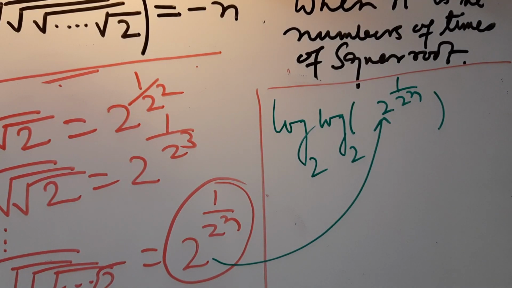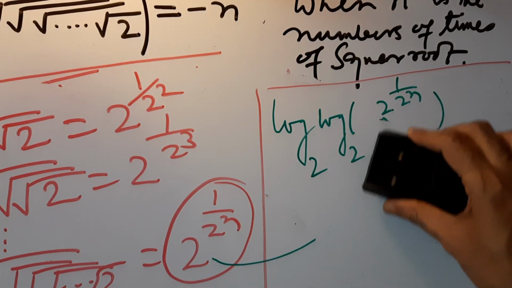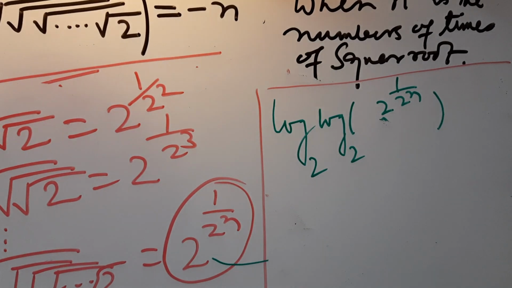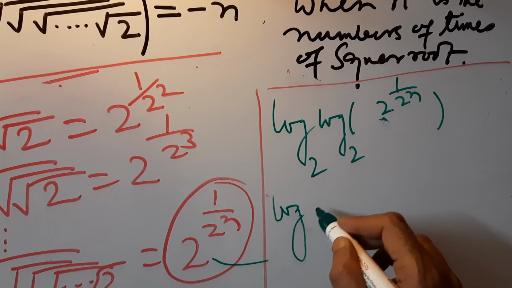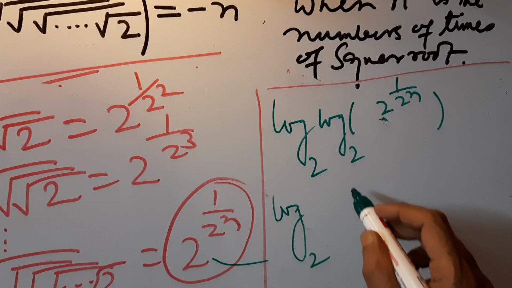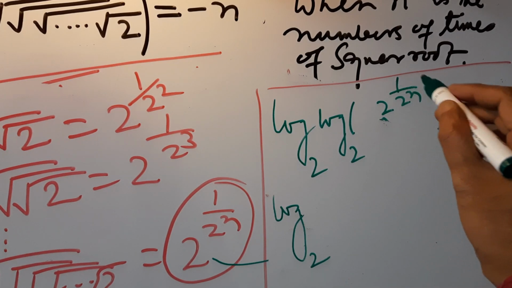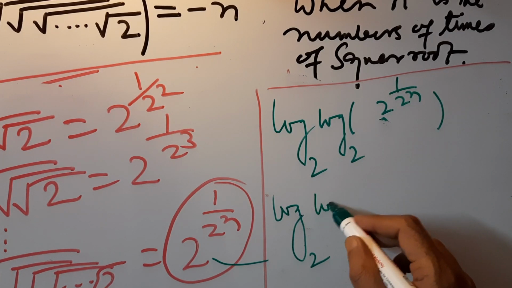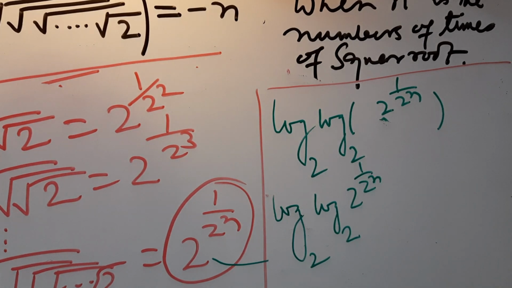If we apply the formula of logarithms, the first logarithm part will be log base 2 of 2 to the power 1 by 2 to the power n.